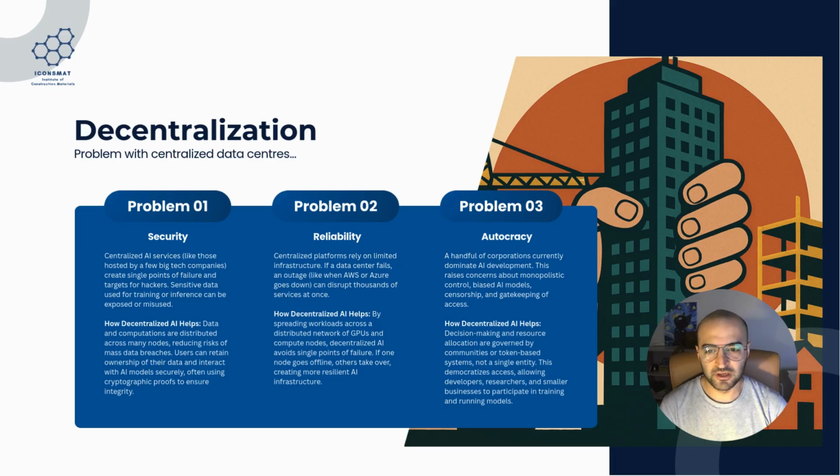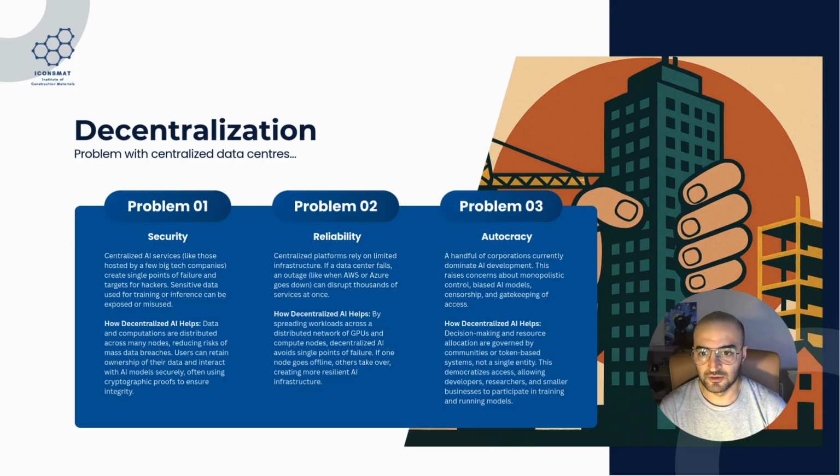But why do we care about decentralization when it comes to AI and, say, blockchain? There are three main problems that decentralization addresses. The first problem is security. Centralized AI services, like those hosted by a few big tech companies, create a single point of failure and these are targets for hackers.